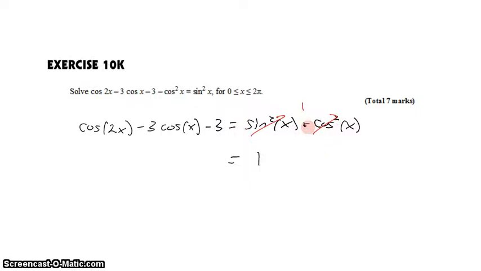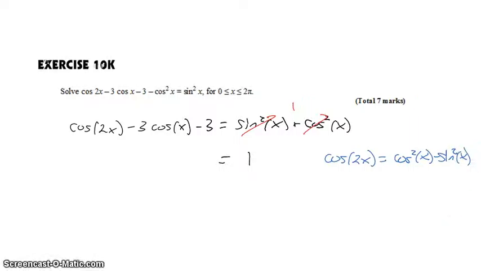All of that is gone, which starts to give me clues about what I want to do with this double angle. I have a cosine, no sines, so I think what I'm going to want to do is replace cosine of 2x with the only equation that has cosine only. So cosine of 2x can be many things. It can be cosine squared of x take sine squared of x.